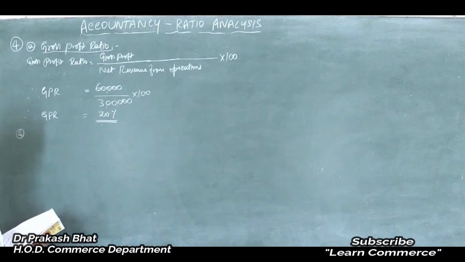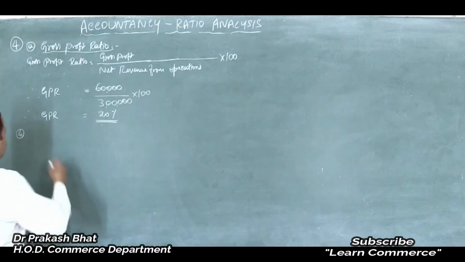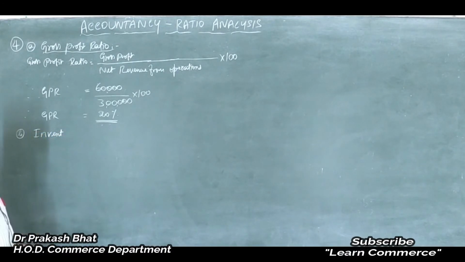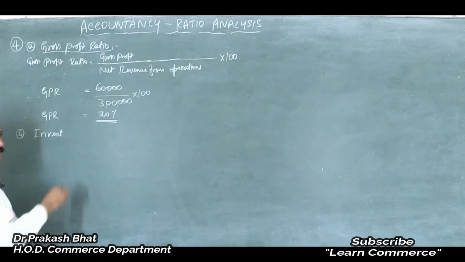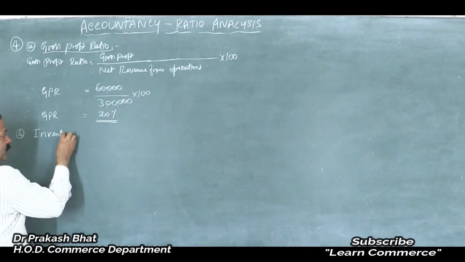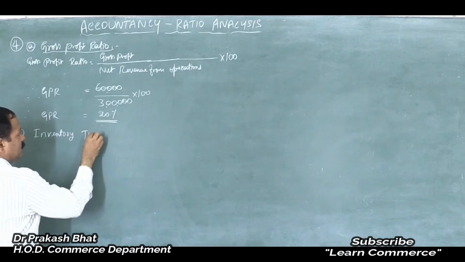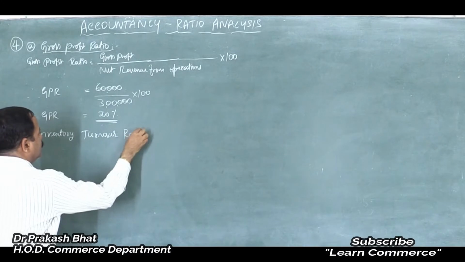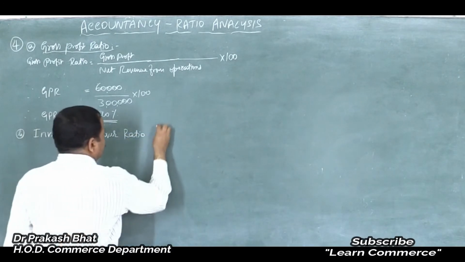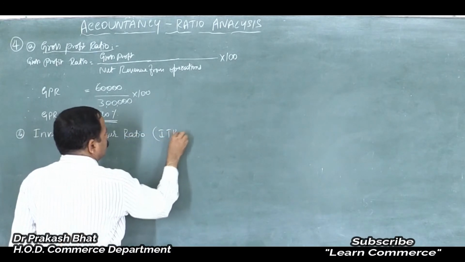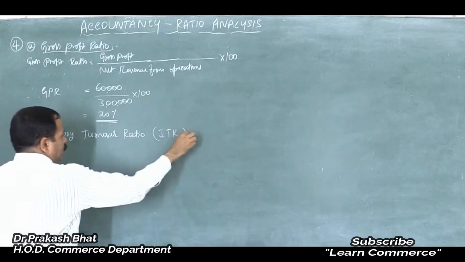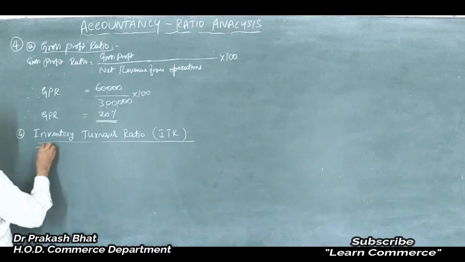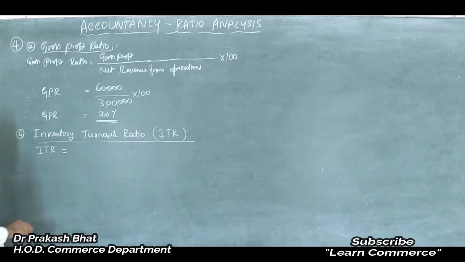Now inventory turnover ratio, that is ITR. Write the formula. ITR is equal to, you have already solved problems on this.